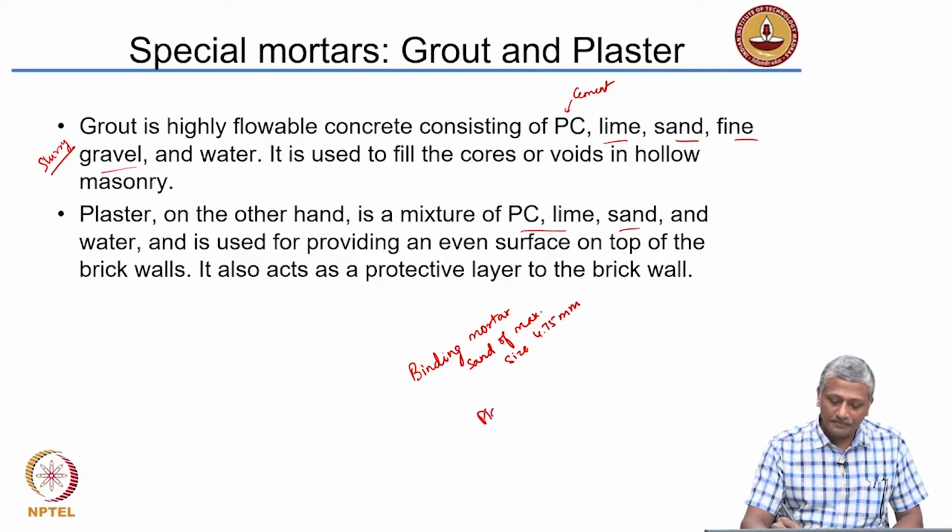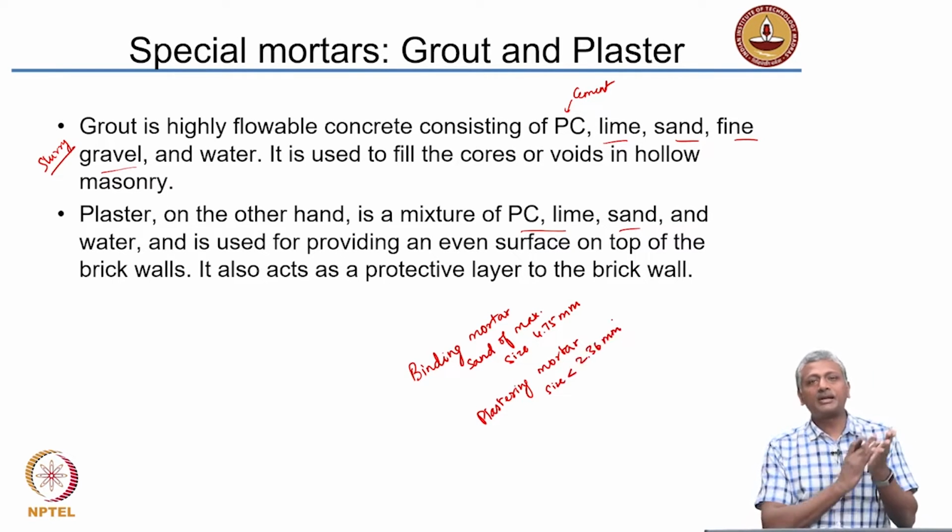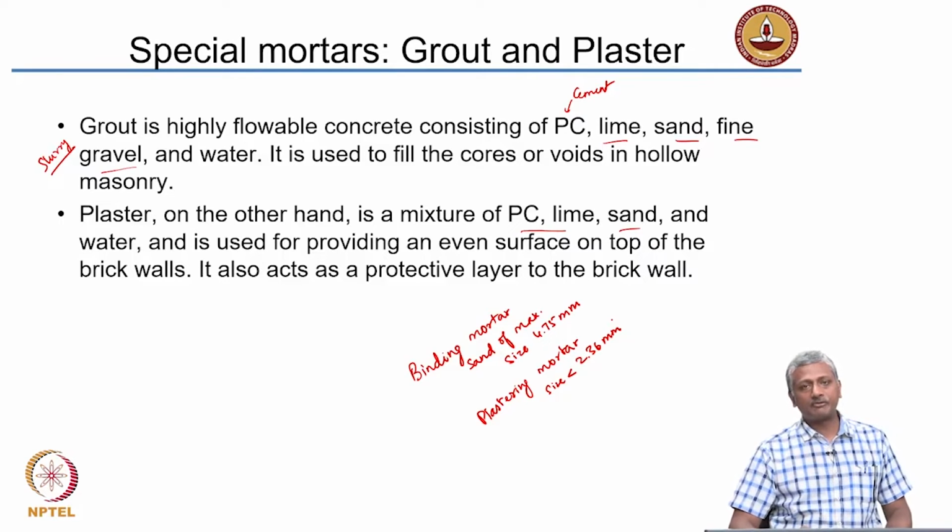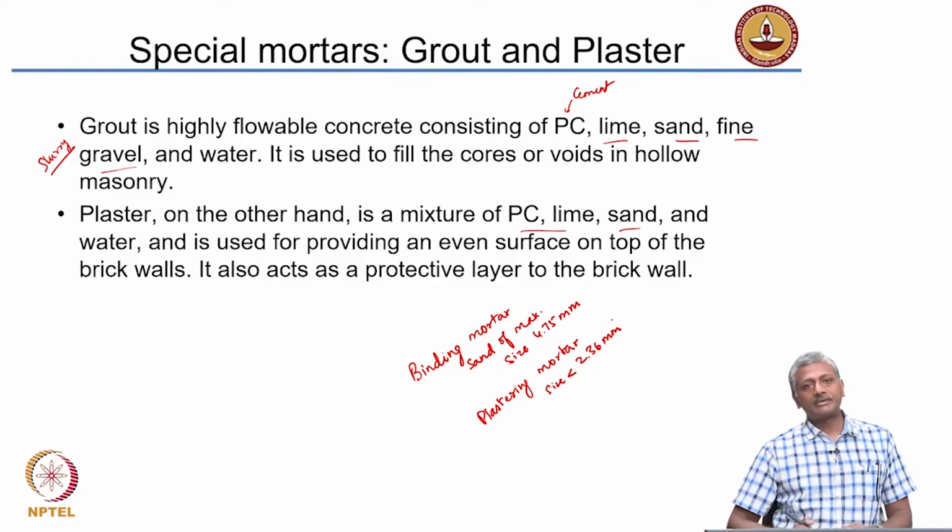For plastering mortar, we want to reduce that size even further. In plastering mortar, we typically use size less than 2.36 millimeter because you want to get a nice smooth finish on the outer surface. That is why for plastering, you need to have a sand size of lower sizes.